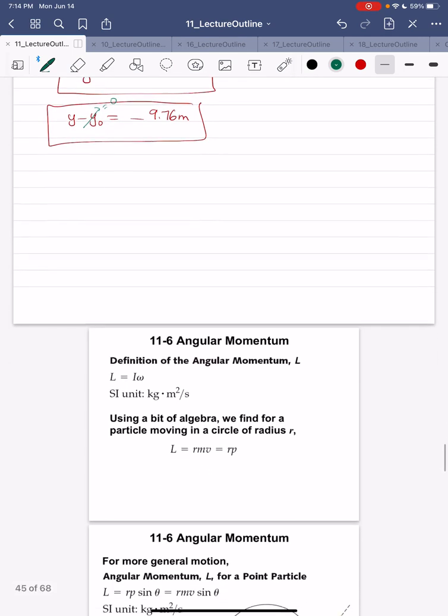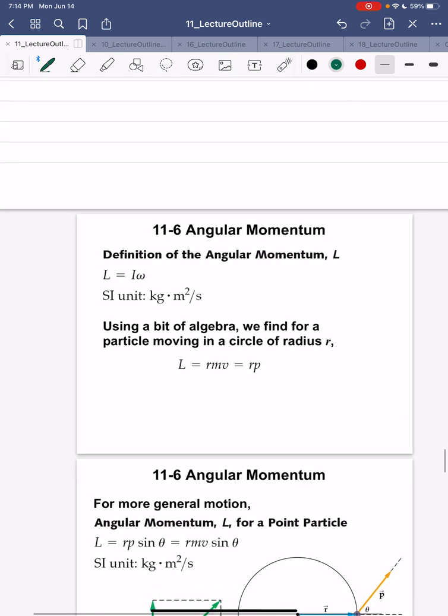Another quantity that we want to introduce is angular momentum. The definition of angular momentum depends on whether my object is a continuous distribution of mass versus if it is a particle.